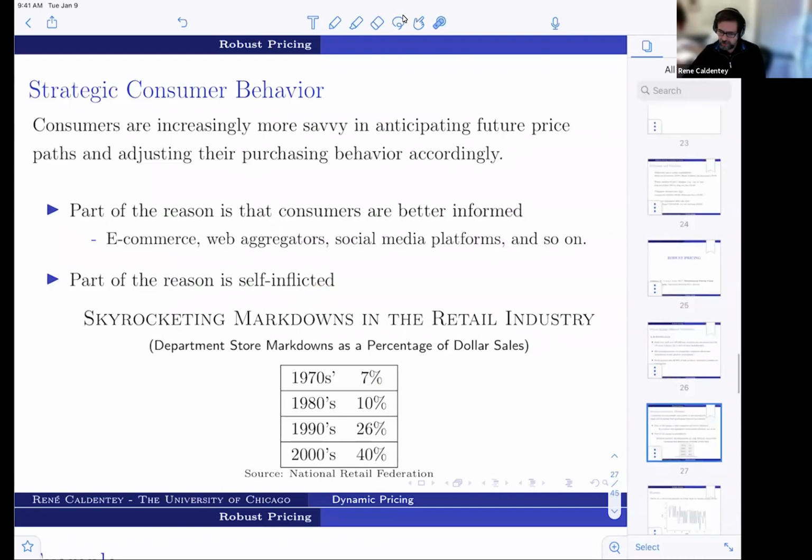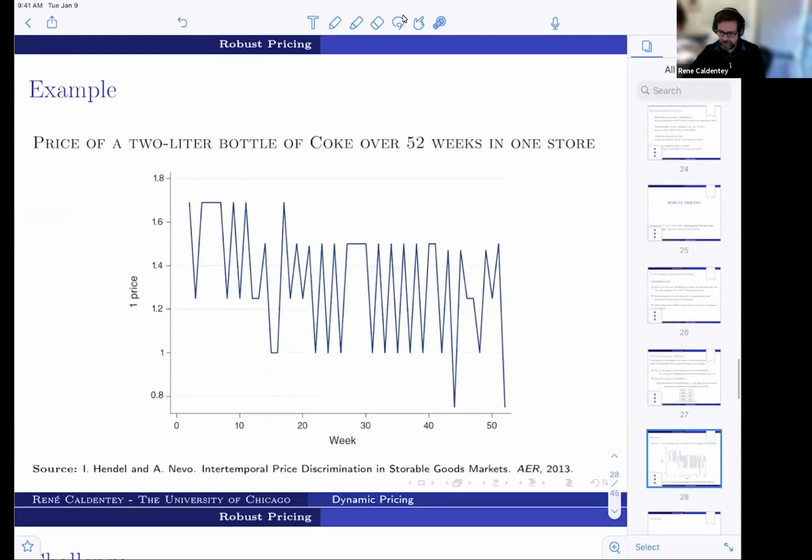So we have these two, and to reiterate that, take this example that I borrowed from a paper by Hendel and Nevo. This is the price of a 2-bottle Coke over 50 weeks, over a year. And look at how this price behaves, right? If you are a strategic consumer, and this is a product that you can store at home, it seems pretty obvious that if you know the price path, why buy a product when it's high, when you can wait maybe a week and buy the same product at a discount, right?